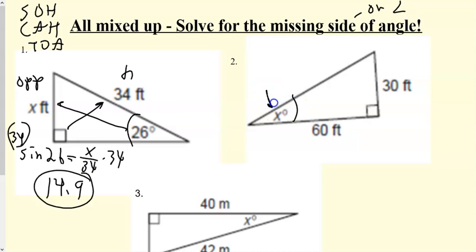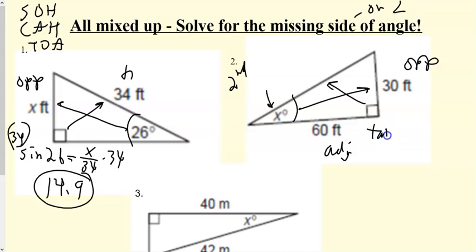Number 2, where's our angle? Oh, look, we're missing an angle. That means we're going to hit that second key. Now, we don't have a hypotenuse, so that means we're not going to be doing sine or cosine, because there is no h. From x, this is my opposite, good to label, and right next door is my adjacent. So that means I'm doing tangent. So tangent of the unknown, x, is opposite over adjacent. So I just take my handy dandy calculator.